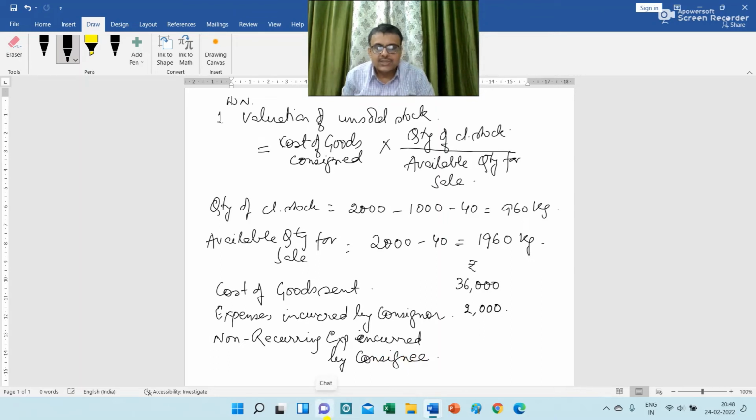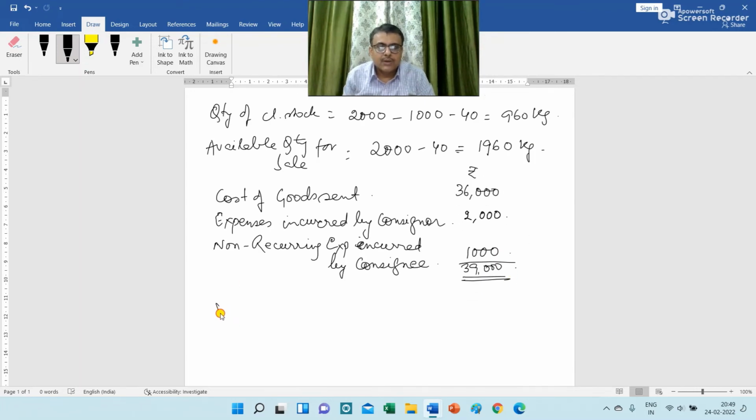Only landing charges is the non-recurring expense which was incurred by consignee, and that amount was rupees 1,000. So this is the cost of goods consigned, 39,000. You can easily calculate by putting these 3 values that I have found out in the equation.